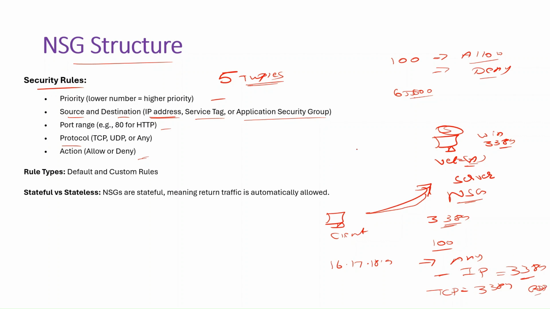If I set this rule to allow, the communication will be established. But if I set the rule to deny, the communication will be denied. That's how the NSG works.